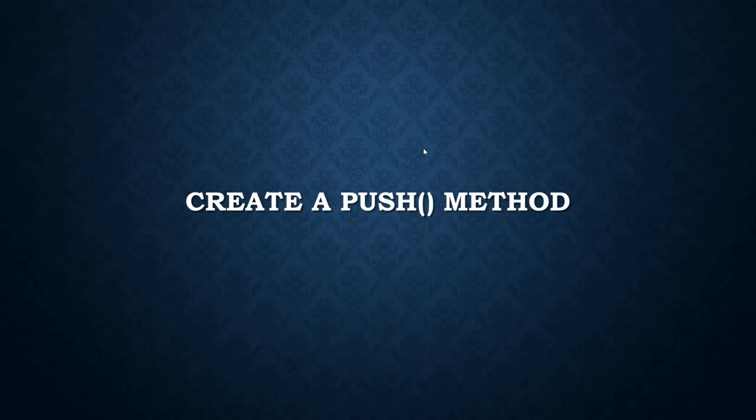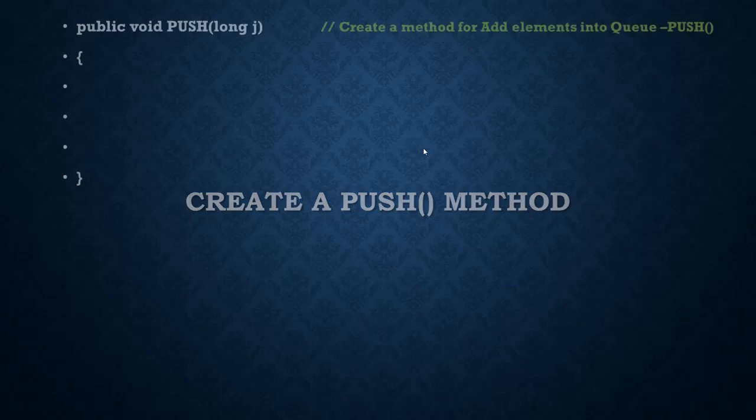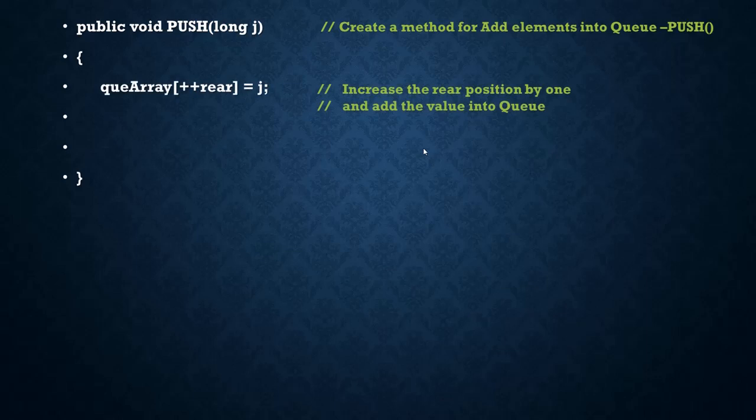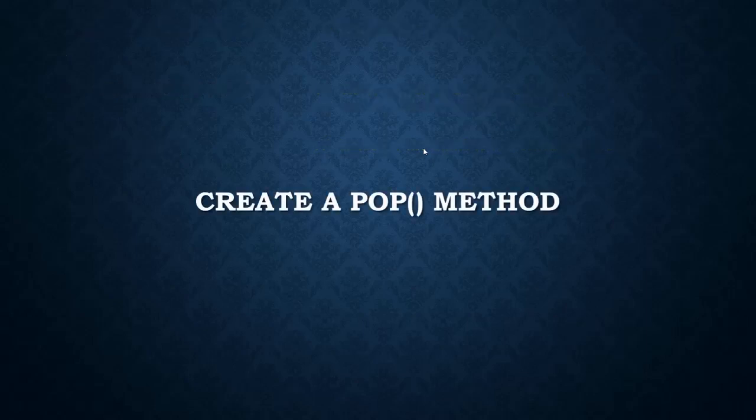Now I'm going to write my push method. Right. So public void push means adding a value into the queue, and the parameter is long j. Before I add the value, I increase my rear position by 1 and add the value. And as we discussed, the number of elements should be increased by 1. Now I'm going to create the pop method.